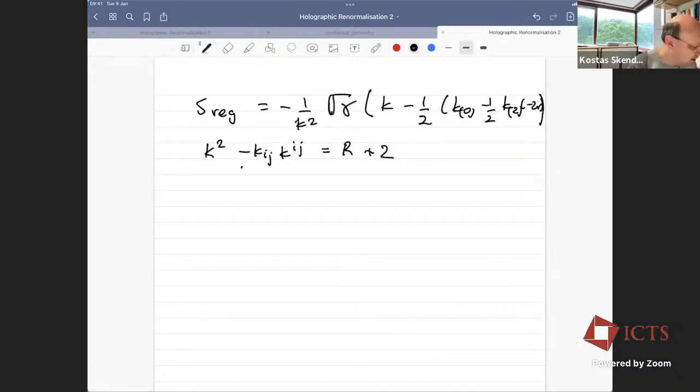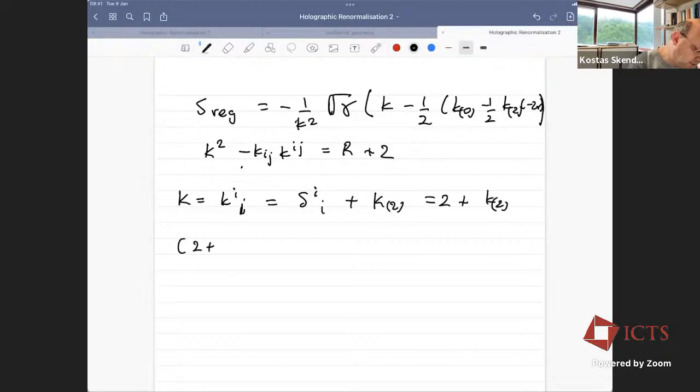Okay, so now I'm inserting what I just found. So K, which is K_ij delta^ij, plus K2, is 2 plus K2.